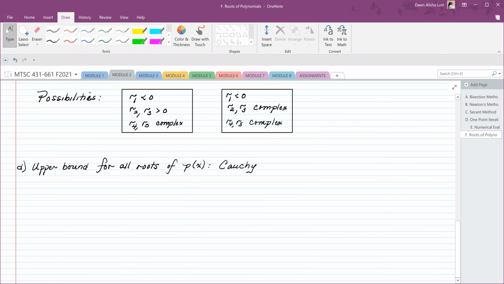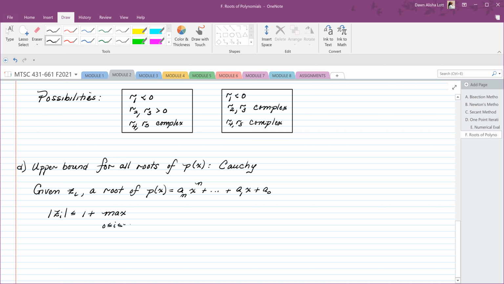All right, so given z_i as a root of p of x, and again, p of x was a_n x to the n plus ... all the way down to a_1 x plus a_0, we can get that the absolute value of any root, and that could actually mean the modulus if the root is complex, is less than or equal to 1 plus the max over 0 less than or equal to i all the way up to n minus 1 of the absolute value of a_i over a_n.